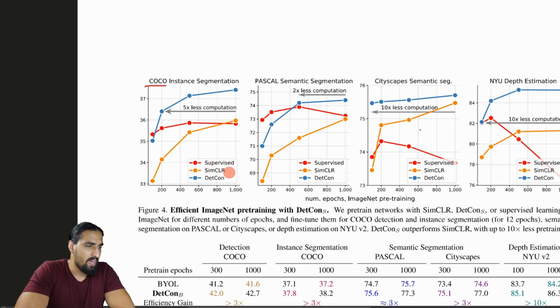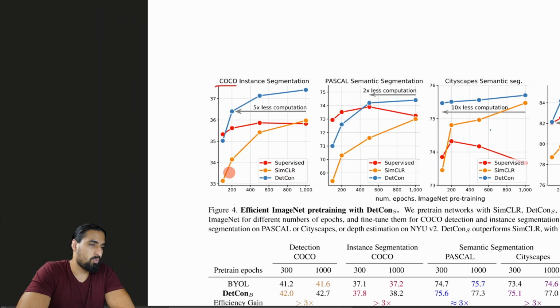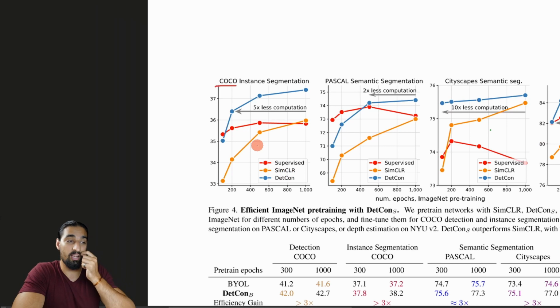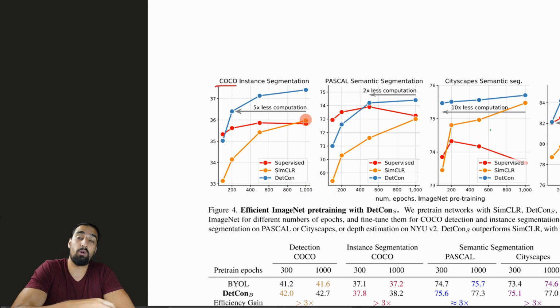So let's focus for now on one chart, and then I'll tell you some interesting things I see here. First, you can see that SimCLR, given enough computation, surpasses the performance of the supervised paradigm.